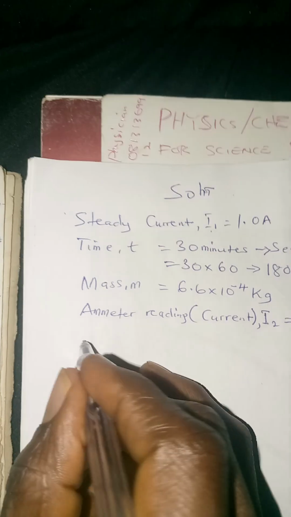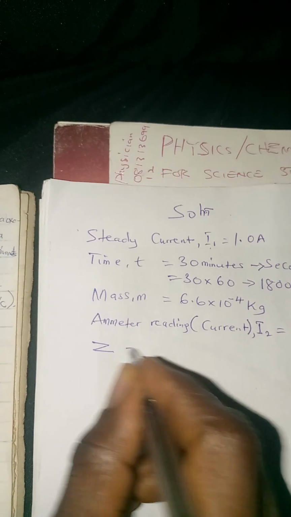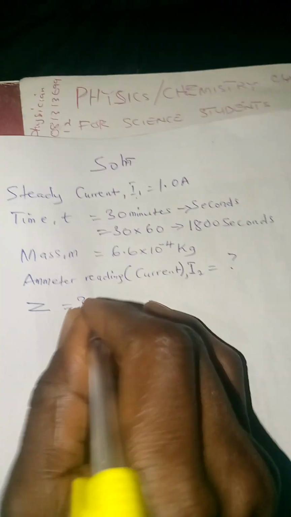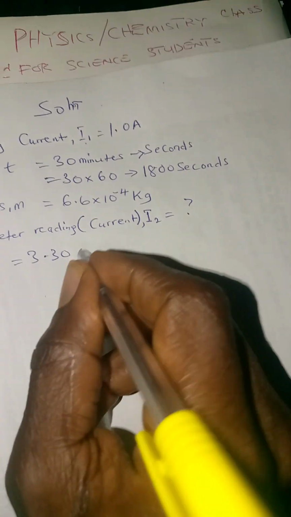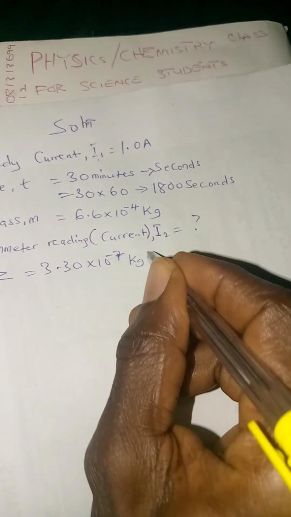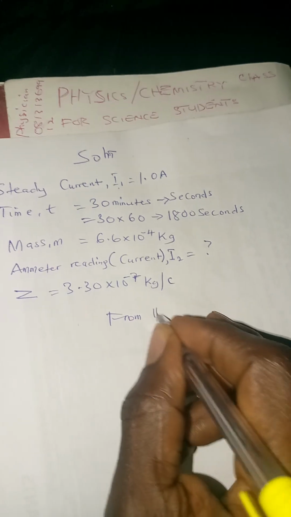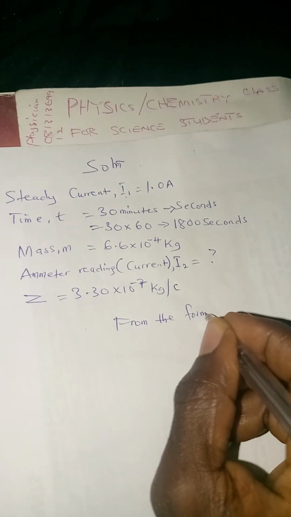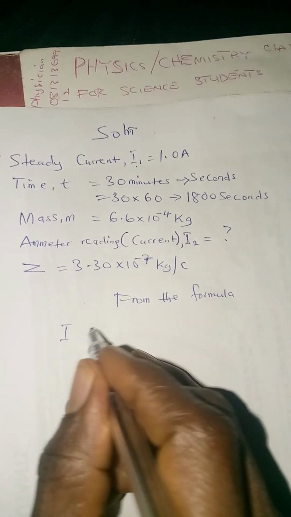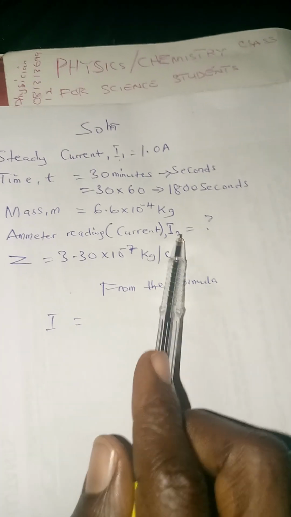You have been given the electrochemical equivalent of copper to be this. The electrochemical equivalent is symbolized with the letter Z, equal to 3.30 times 10 raised to minus 7. The unit is kilogram per coulomb. Which formula fits into this? Current equals, and what you are solving for is the ammeter reading, which is current 2.